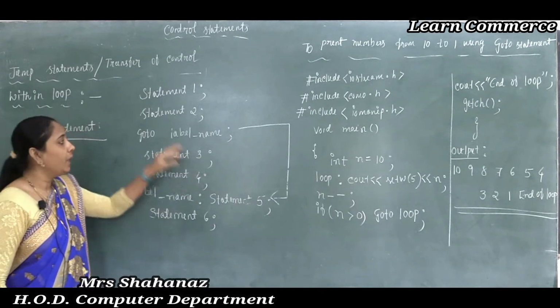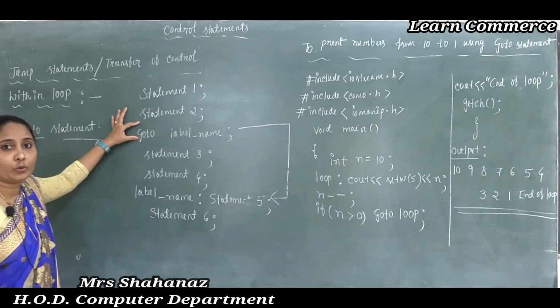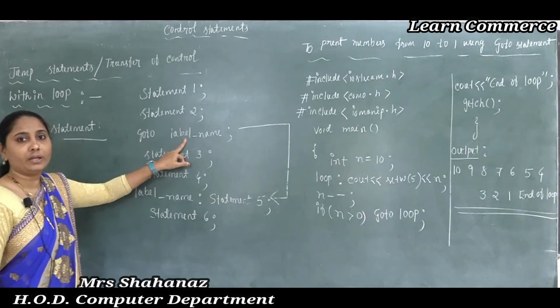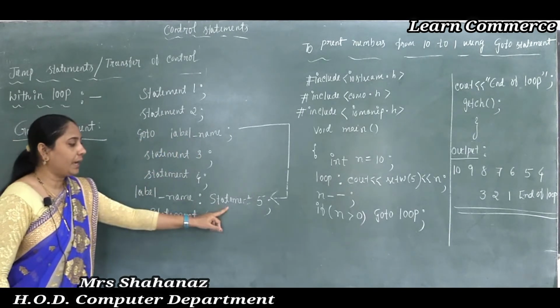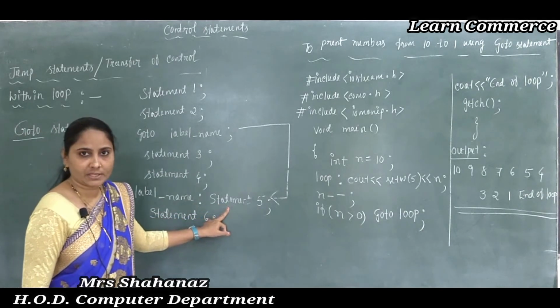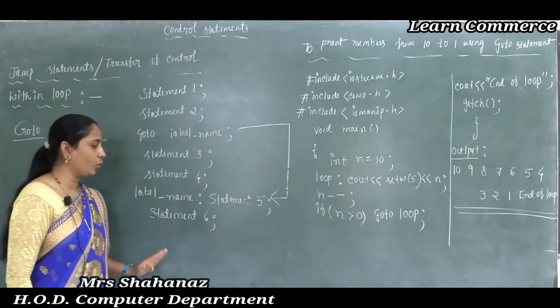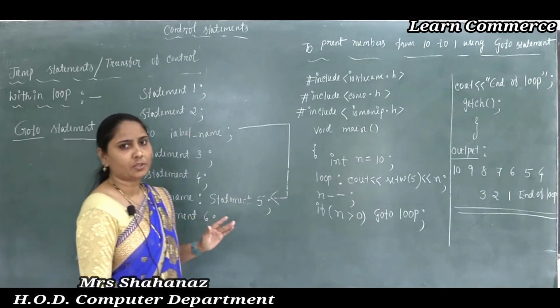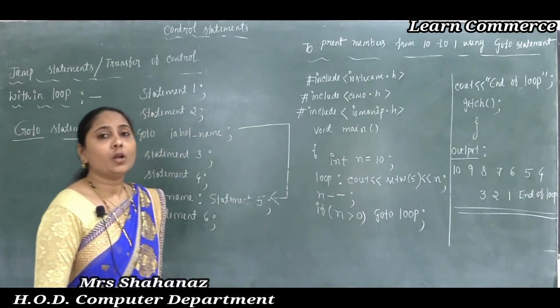Is this point clear? If such a condition is true, we need to move to the label_name, goto label_name. At label_name, we should execute statement 5 and statement 6 semicolon. So this is the general format, the syntax of the goto statement.